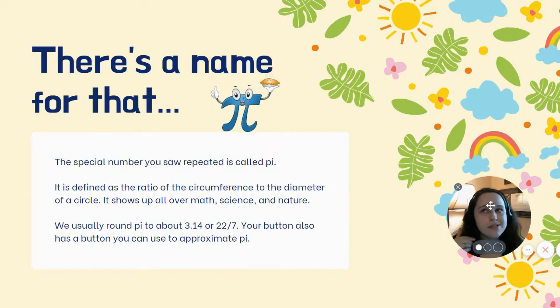So that means it goes on forever and ever without showing a pattern. So it doesn't stop at that 4 or whatever the last digit is on your calculator. It will keep going. Often we round to 3.14 or even 22/7 as an improper fraction. But using a pi button is often a lot more accurate because we're saving the rounding for as late as possible.